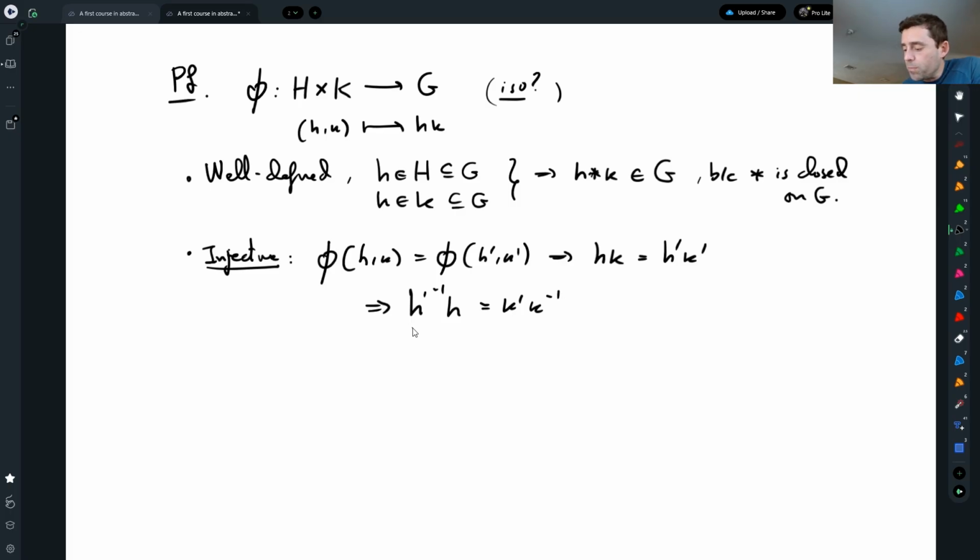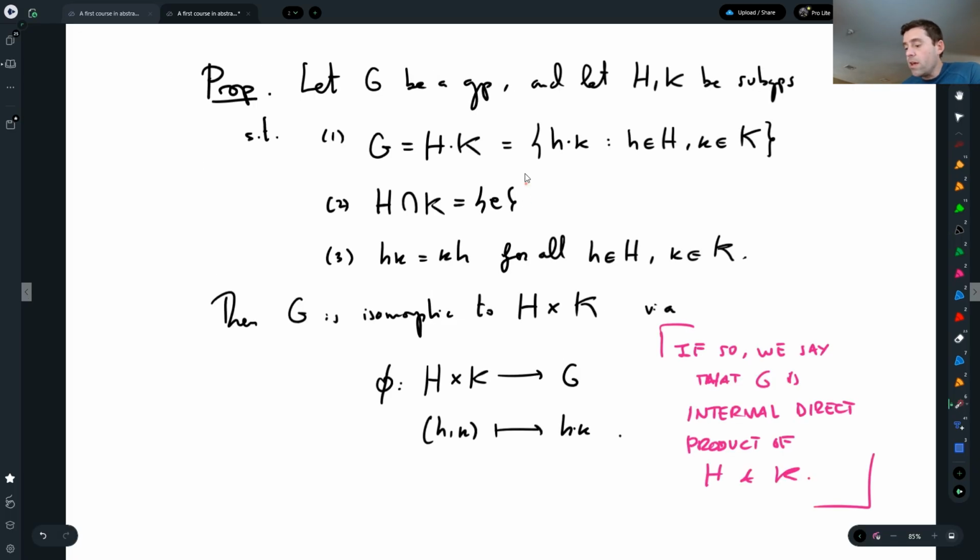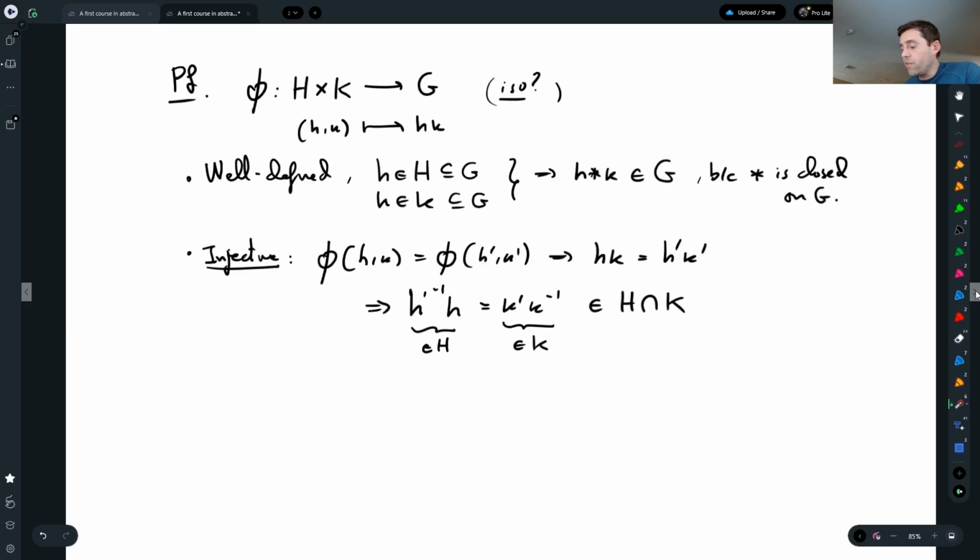Now, this part is in H, and this is in K, because H and K are subgroups, therefore they are closed under star, under the multiplication in the group. Therefore, this element is in the intersection. But the intersection, by assumption, remember our assumptions in the theorem, is trivial. So the only thing that is in the intersection is e, and therefore both sides of the equation are e.